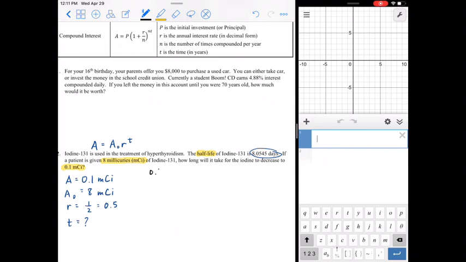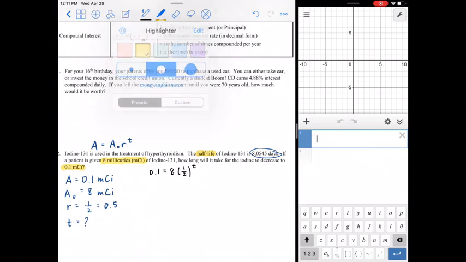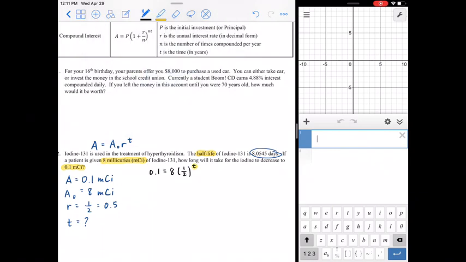So I'm going to have 0.1 is equal to 8 times 1/2 raised to the t. So we're going to solve this exponential equation for our t up here. So our first step, the 8 is not being raised by the t. So those two things are multiplied. We need to divide by 8.